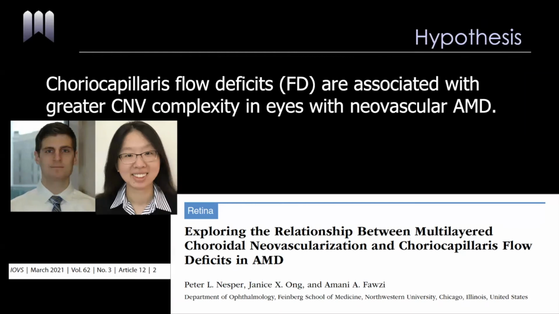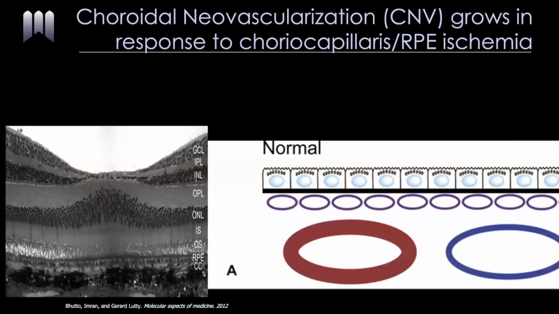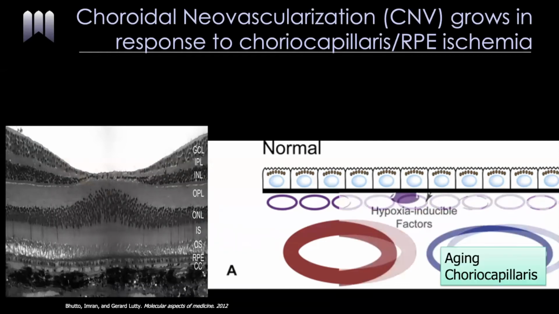And the possibility of choriocapillaris ischemia as the inciting event and the nidus for growing CNV is something that's been proposed by Jerry Luddy for a long time. In this conceptualization, you have a normal choriocapillaris with a healthy RPE sustaining it.